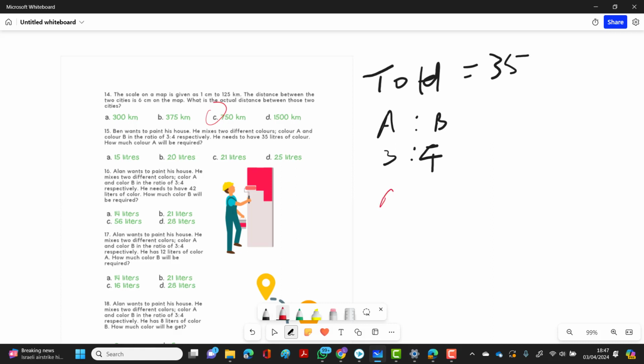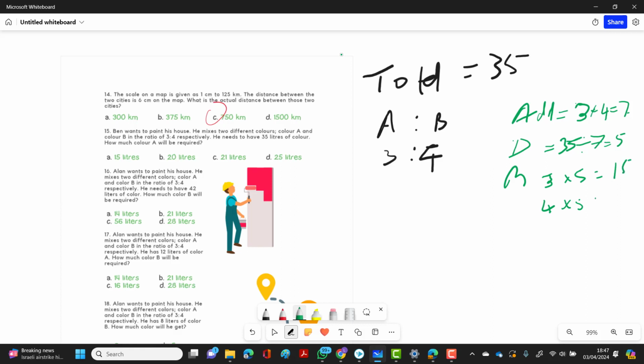So ADM: add, divide, multiply. Add the ratios, 3 and 4, is 7. Divide the total by your answer, 7. So 35 divided by 7 is 5, and that's your multiplier. So you do each ratio, 3 times 5 and 4 times 5.